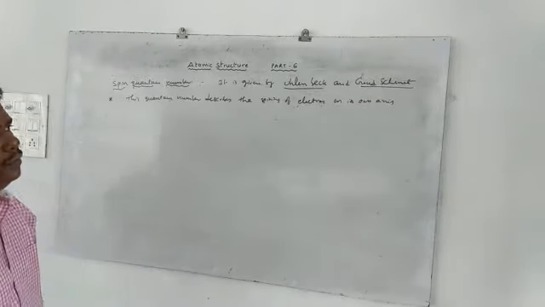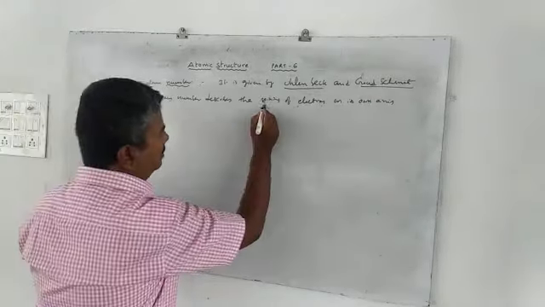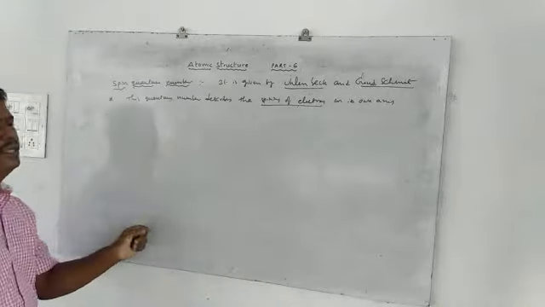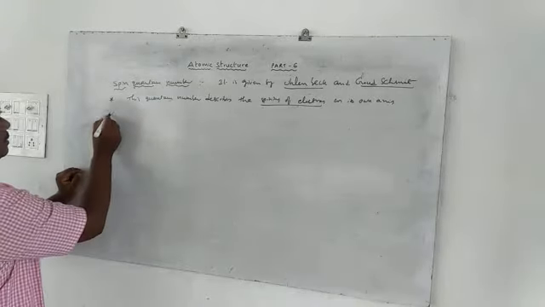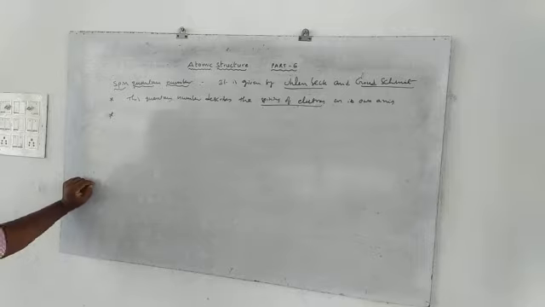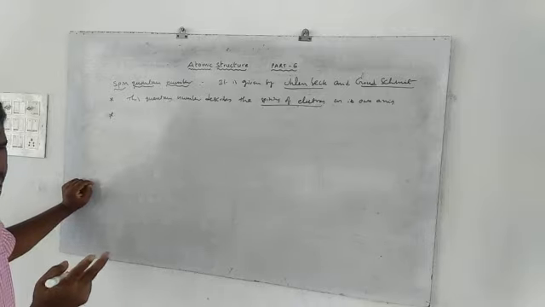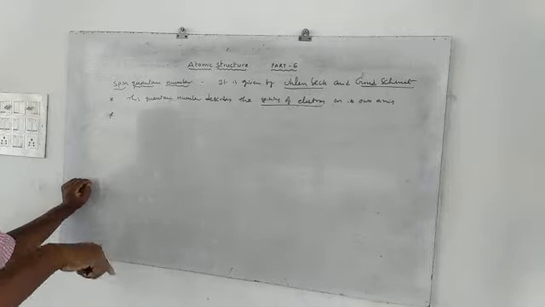On its own axis, the spinning of the electron. So here the spinning may be either clockwise or anti-clockwise. We have two possibilities, either clockwise spin or anti-clockwise spin.